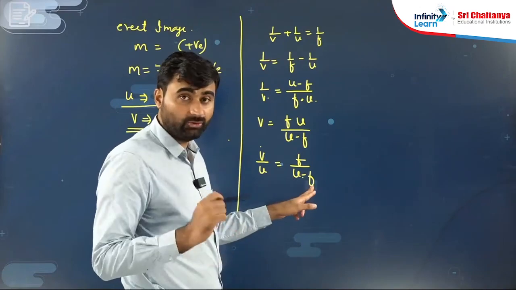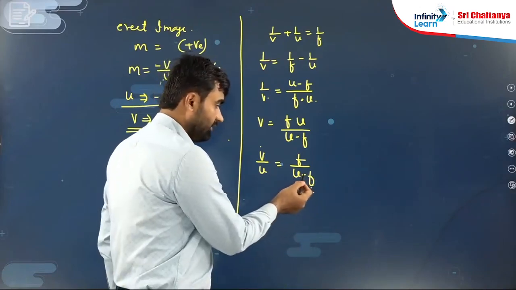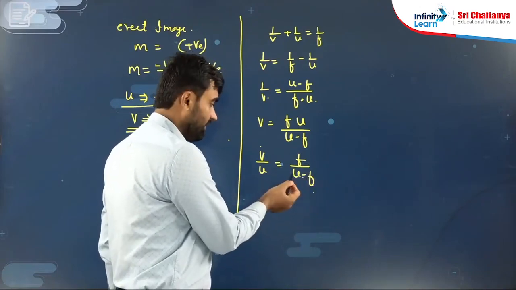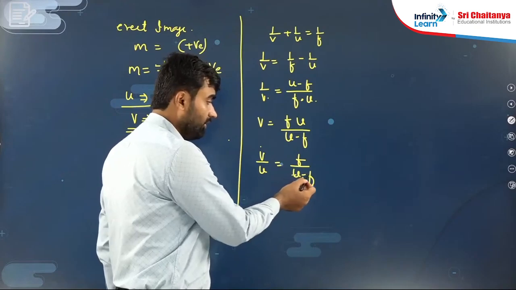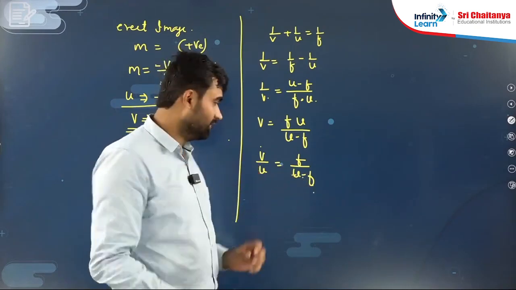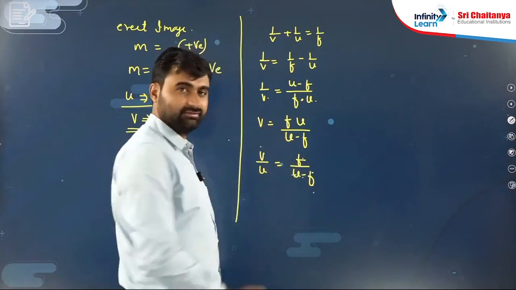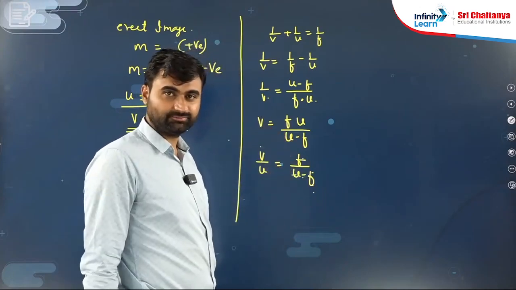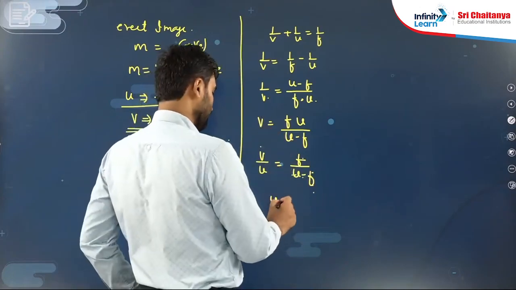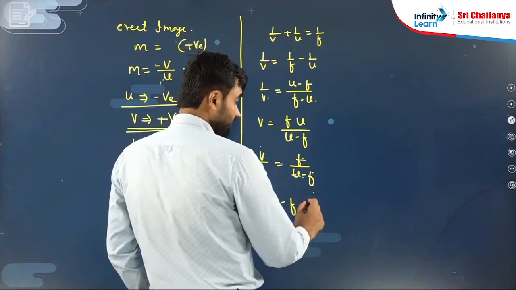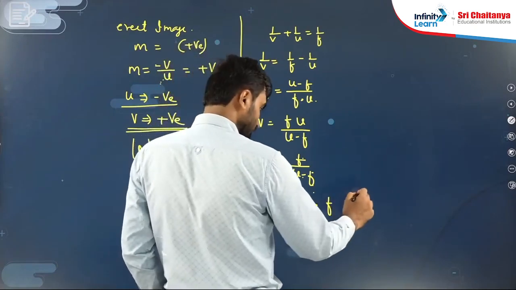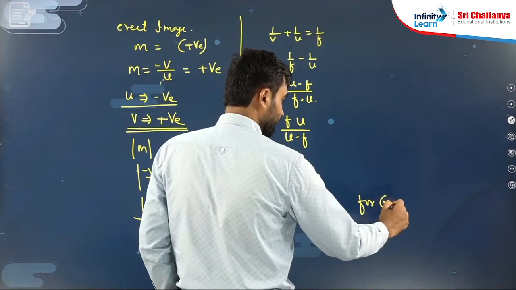For convex, f is positive, so u minus f will be negative, and u is negative. Both are negative, so they are added, so this value is greater than f. So u minus f is greater than f for convex.